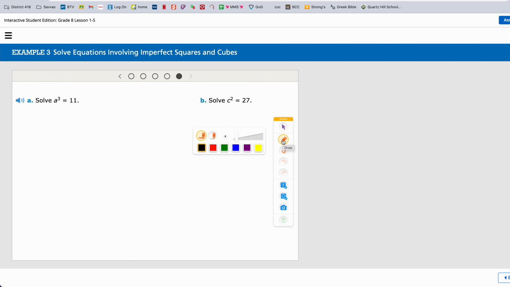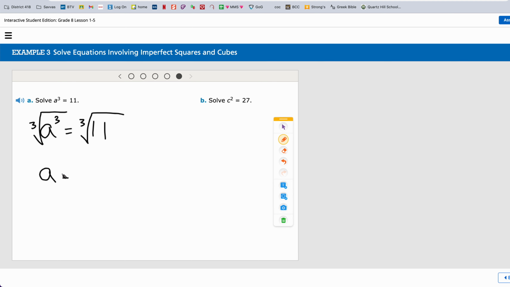So, a cubed equals 11. I need to take the cube root of a cubed, and I need to take the cube root of 11. Is 11 a perfect cube number? No. Obviously not. So a equals the cube root of 11.